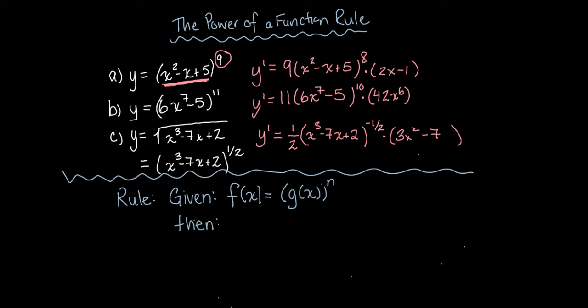So g at x is that inside original function, and n is the exponent. So if that's f at x, then the derivative, or f prime at x, is the same thing we did with the 3 examples. We take that exponent and it becomes the new coefficient at the front there. Keep g at x exactly the same. The new exponent is n minus 1, and then we're going to multiply by g prime at x.